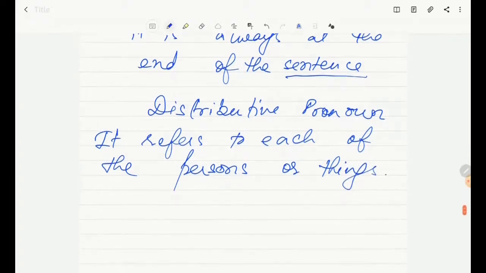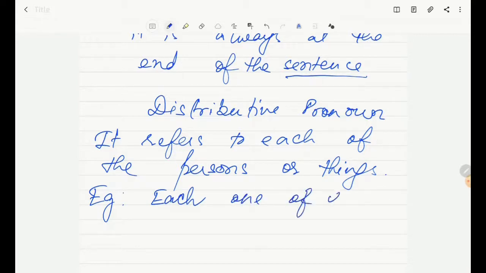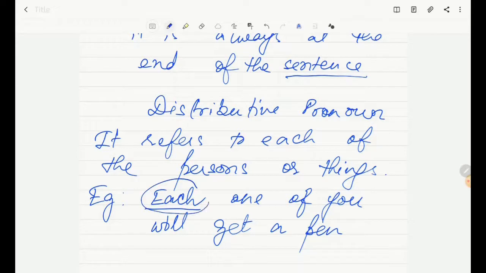Suppose, example, each one of you will get a pen. Here what is the distributive pronoun? Each is the distributive pronoun in the sentence.